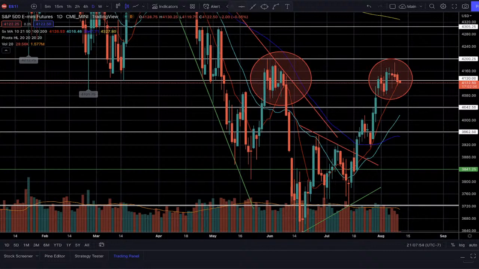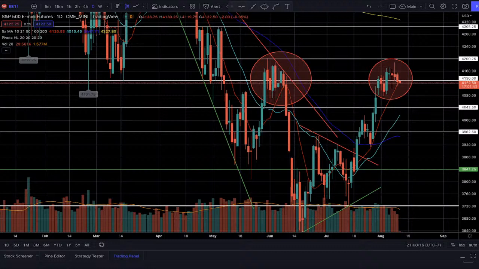Okay, so with core CPI though, here's the thing. With CPI, they're expecting a drop, but core CPI year over year is expected at 6.1% for the month of July. And guess what the core CPI of the month of June was? 5.9%. Okay.